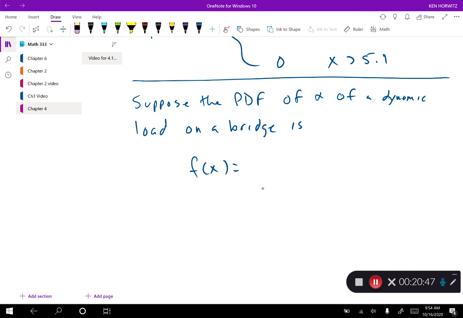I'm not going to squiggle it. You can if you want to. I'm not doing it. So 1/8 plus 3/8 x for 0 less than or equal to x less than or equal to 2. And every other place it is 0.